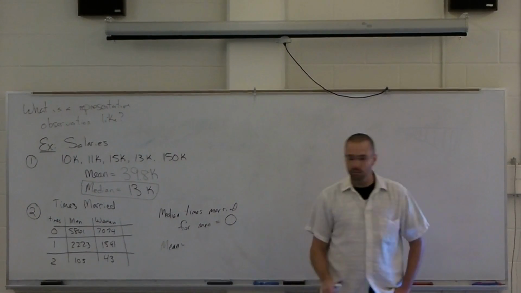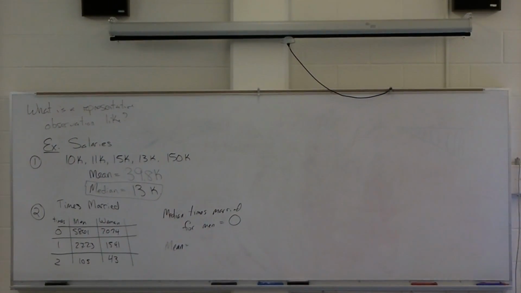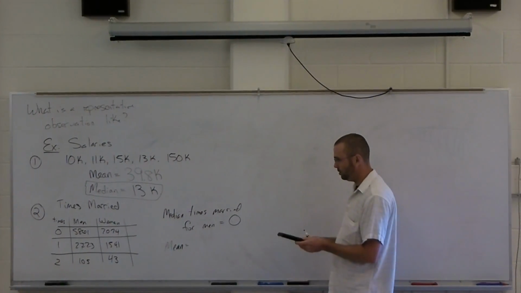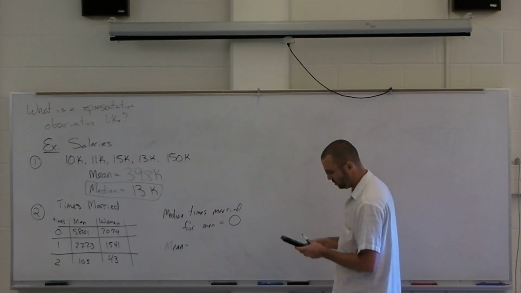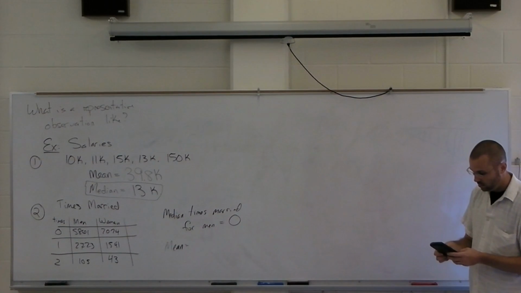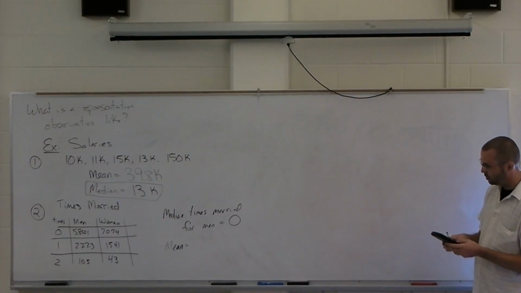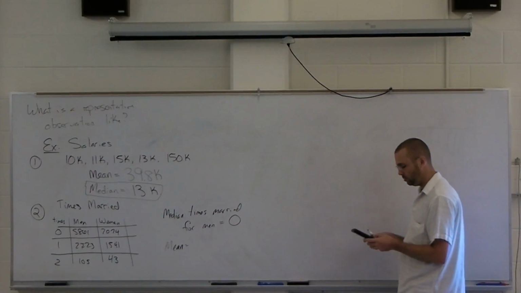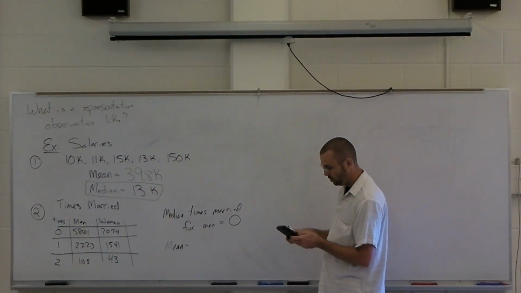The mean for the number of times a man was married. Do this real quick: 2,723, plus 2,723, plus 105 times 2, divided by the total.